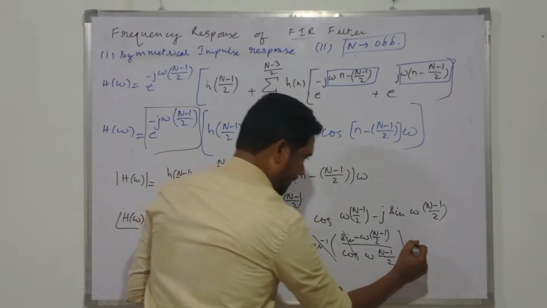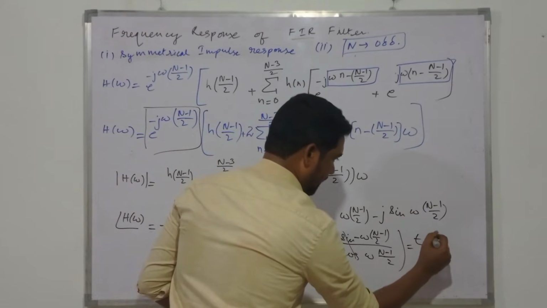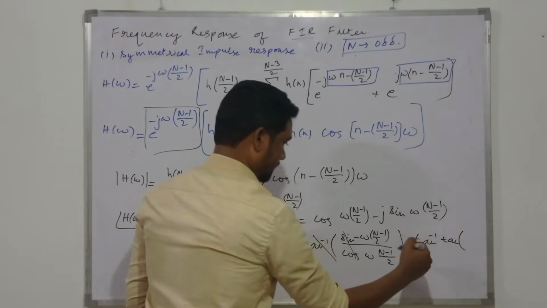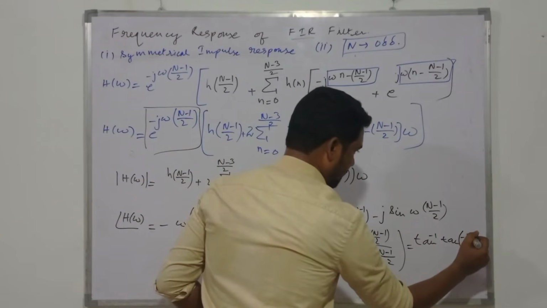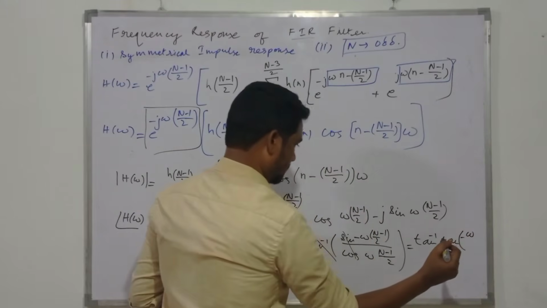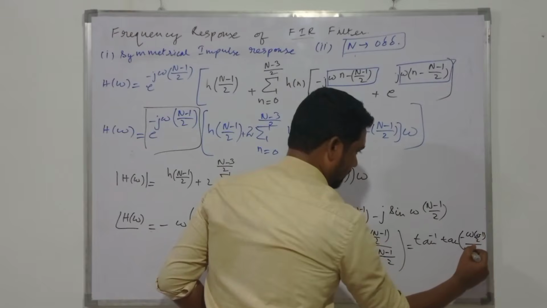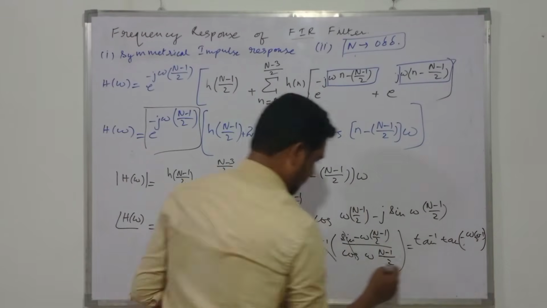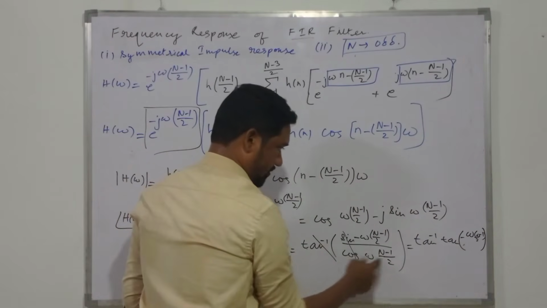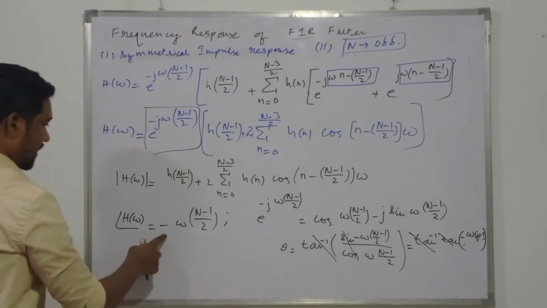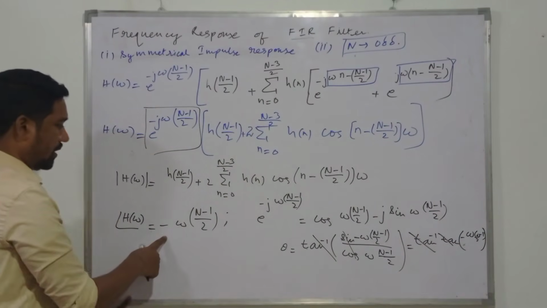It's tan inverse tan of minus omega (N minus 1)/2, since sine theta by cos theta is tan theta. So tan inverse tan gets cancelled, and we are left with only this one, which will be the phase angle of H of omega.